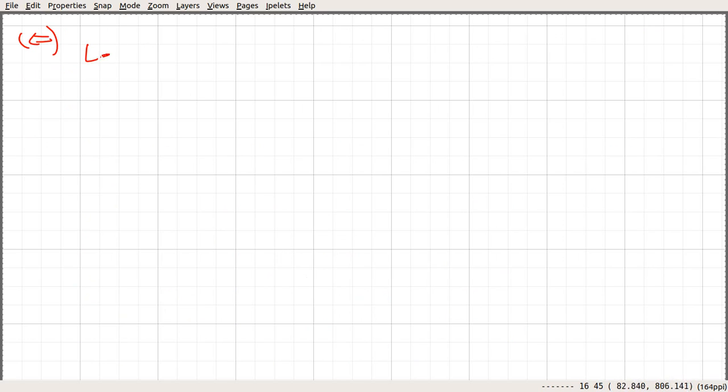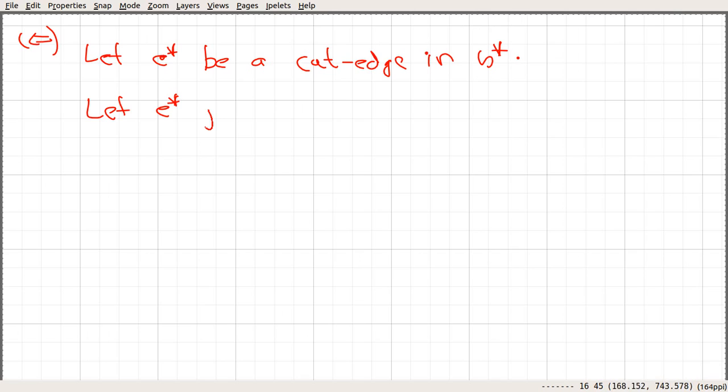So let E star be a cut edge in G star, and let this edge E star join vertices F star and G star.